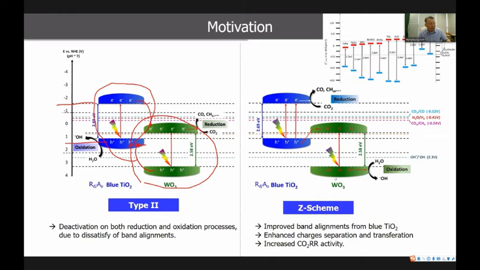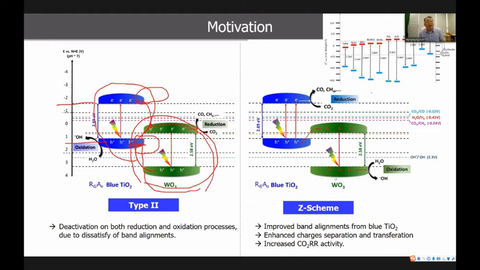Usually this is the reduction part, the conduction band. This is the valence band. So when we did the water splitting, we used a sacrificial agent for the oxidation part. Our dream is completion without any sacrificial agent, so we are trying to intensify this part.